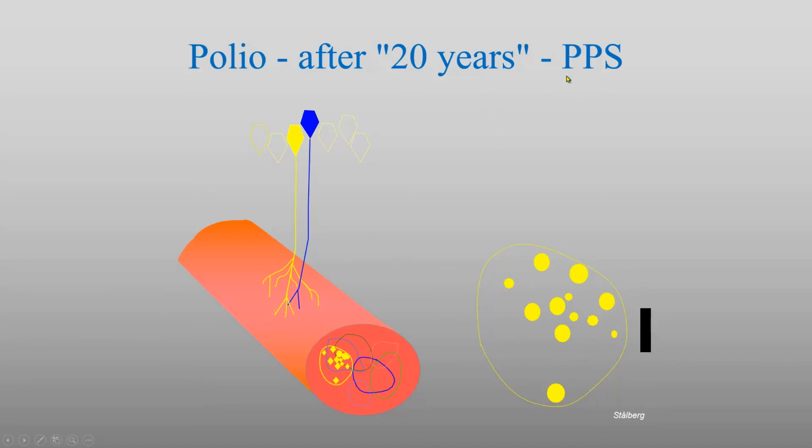And then we have the post-polio syndrome because of the failing reinnervation that should cope with the physiologic loss of motor neurons. This is how we see the situation in post-polio.